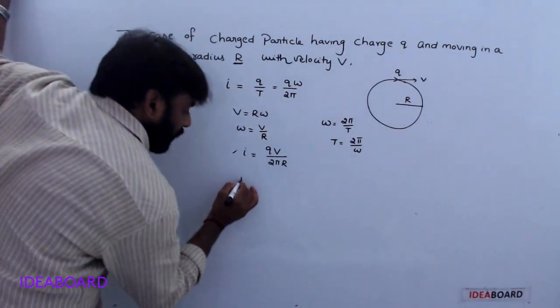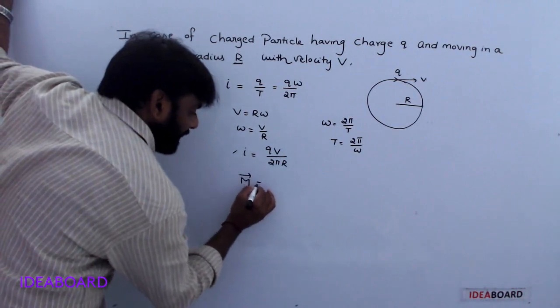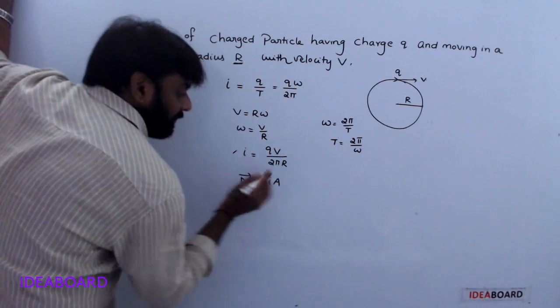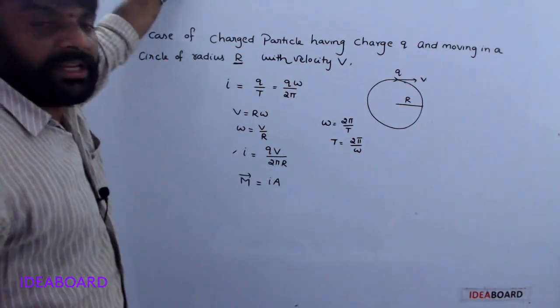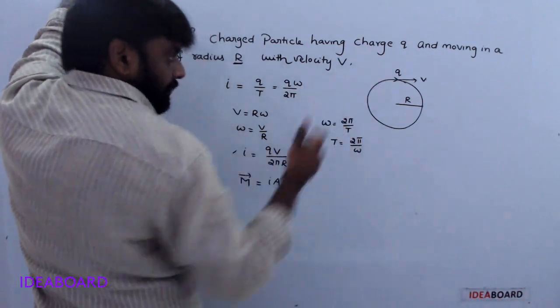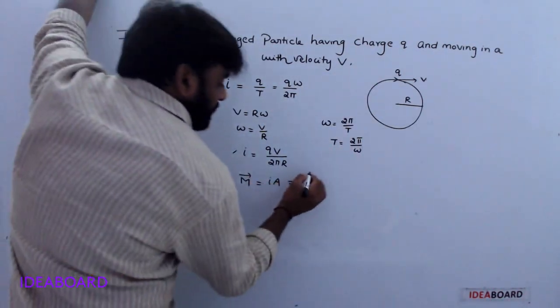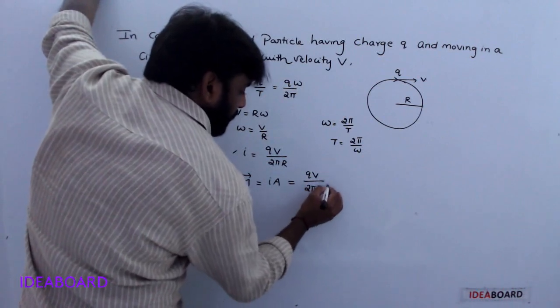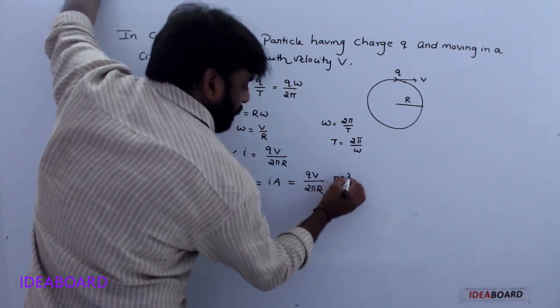Magnetic moment m bar is equal to I A. Number of turns is only one here, so you are taking only one round. I means qv by 2 pi r, and area means pi r square.